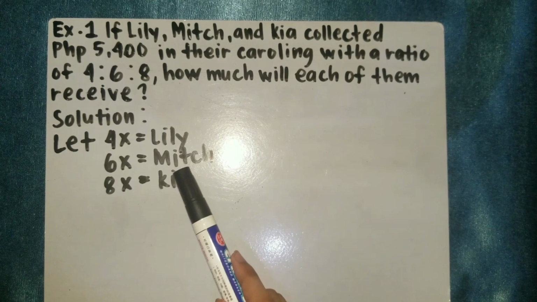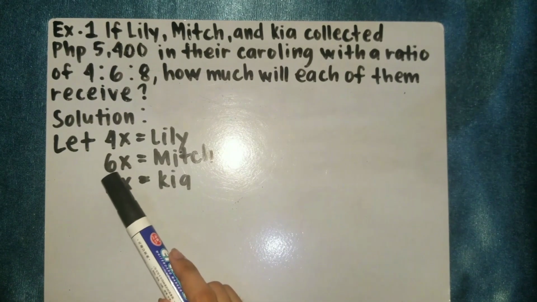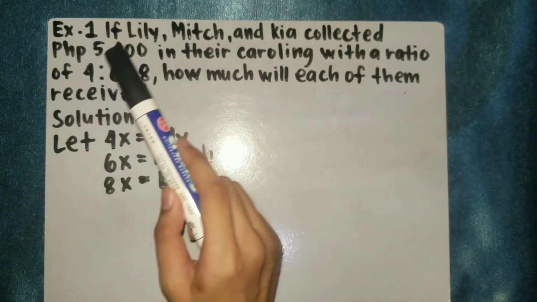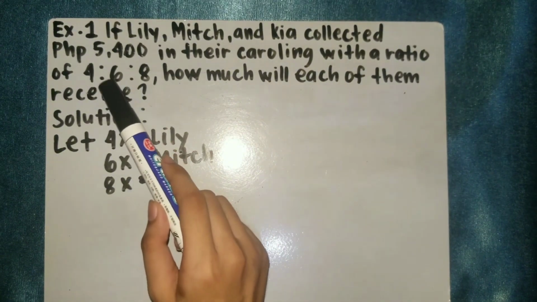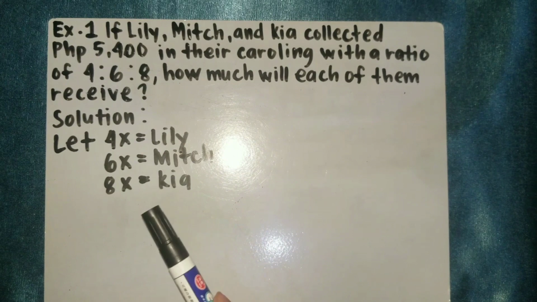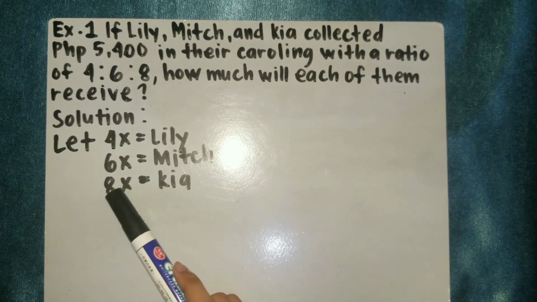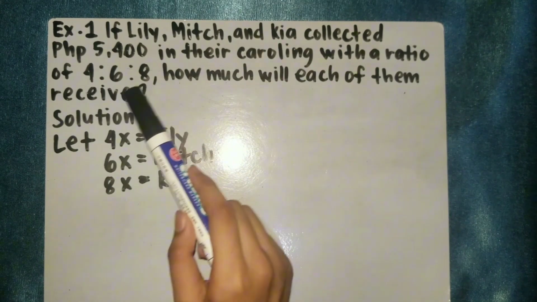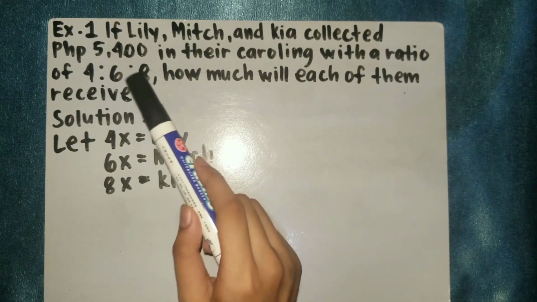Si Mitch naman, nire-represent niya itong 6x dahil si Mitch ang pangalawang nabanggit dito sa problem at ang 6 naman yung pangalawang nabanggit dito sa ratio. Si Kia naman, nire-represent niya itong 8x dahil si Kia yung pangatlong nabanggit dito sa problem at ang 8 ang pangatlong nabanggit dito sa ratio.